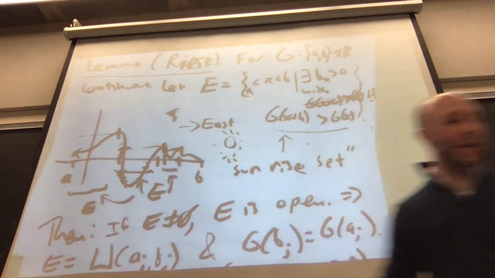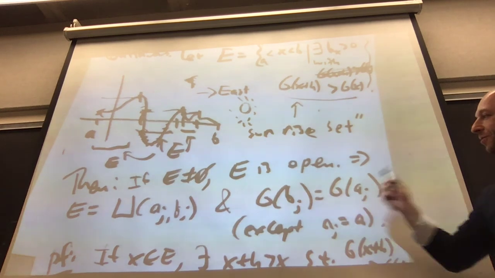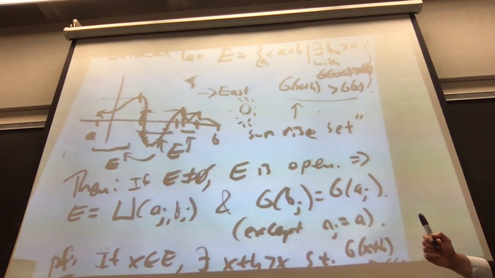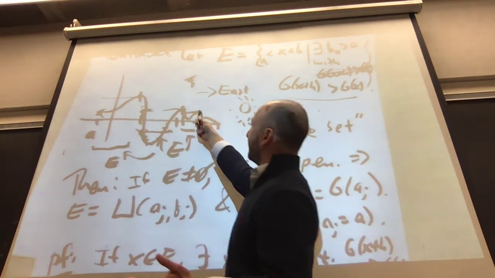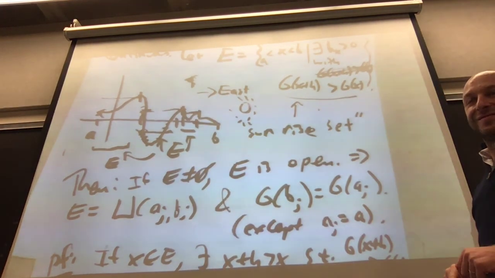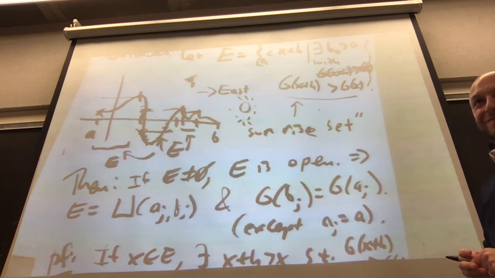And being open, it's the disjoint union of countably many intervals. And the G values agree at those endpoints, except for the first one. And nothing bad can happen at the last one because it just stops. There is no future value. So it's not in E vacuously. G is not defined.